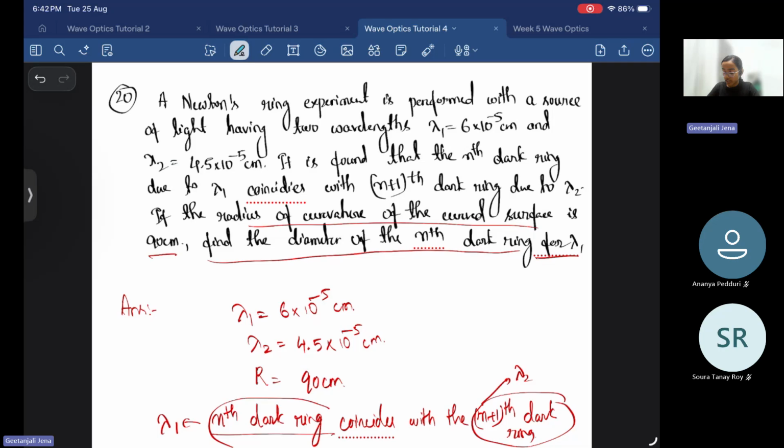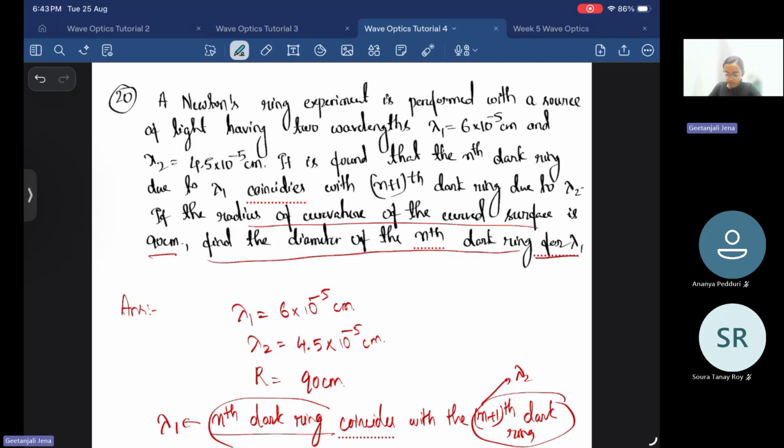From this you can easily calculate the value of n and the diameter of the nth dark ring. 0.18 root 2.